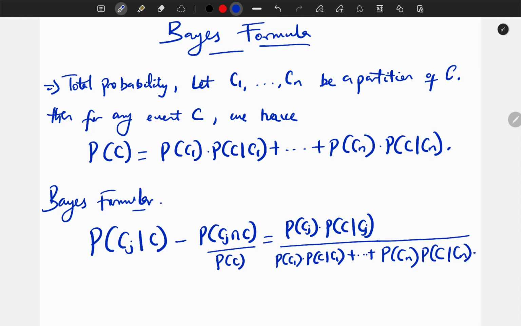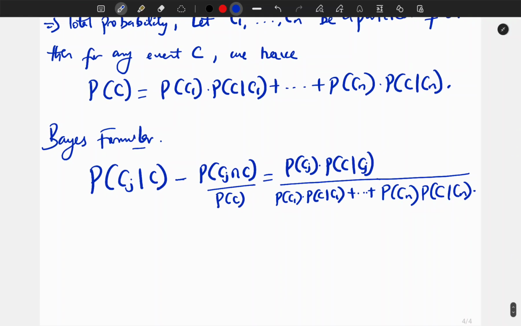So let's check an example using this formula. Let's check this example.